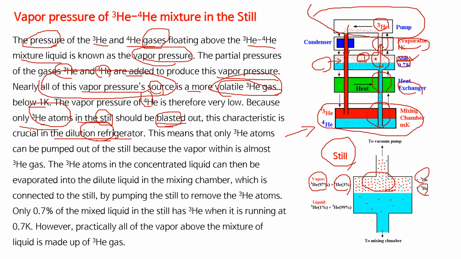So in the vapor, 97% of the gas is helium-3. Only 3% is helium-4. So we can extract helium-3 only by pumping. So that is a very crucial characteristic in the dilution refrigerator.